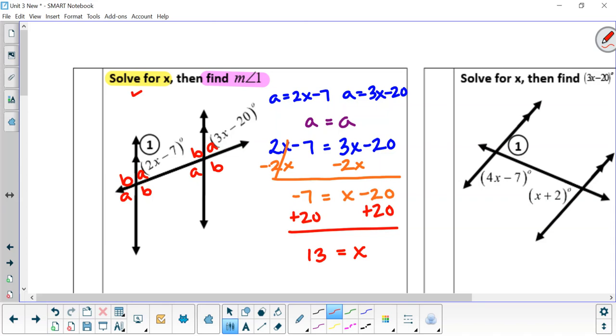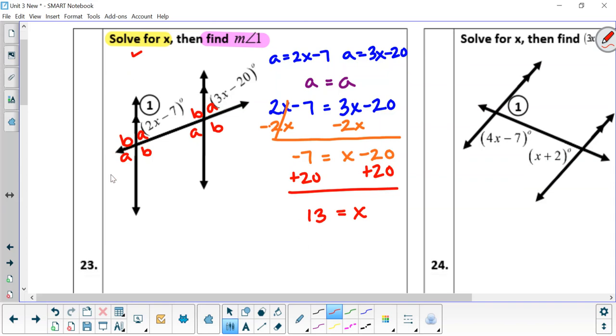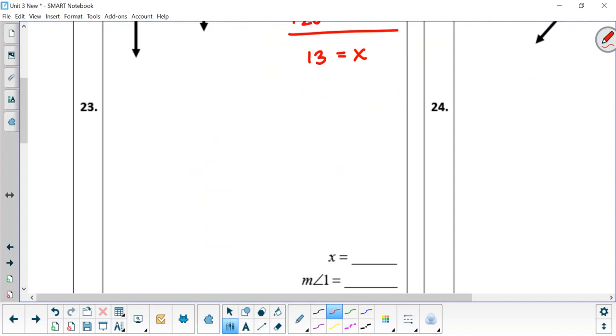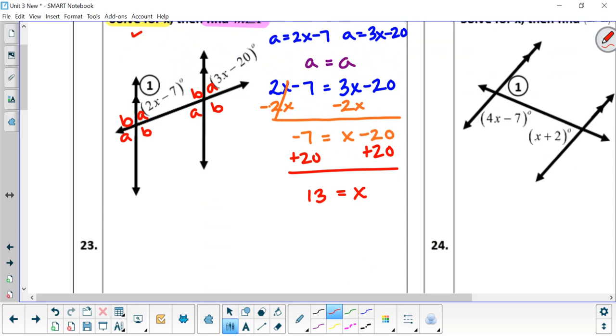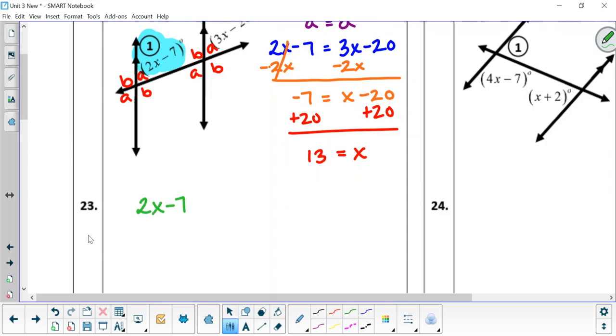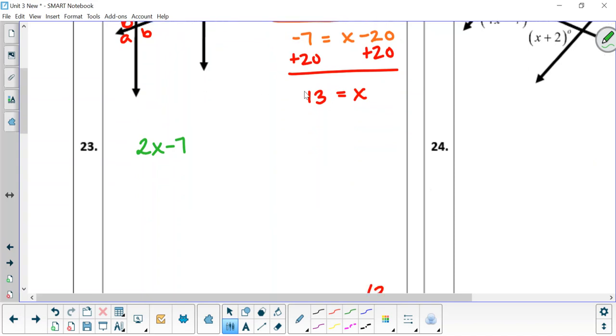I did the first part. I solved for x. I come down here and I can say my x is 13. But now I need to figure out what is the measure of angle 1. Angle 1 is the same as 2x minus 7. So if I take that 2x minus 7, since I now know that x equals 13, I can replace it, so I can say 2 times 13 minus 7.